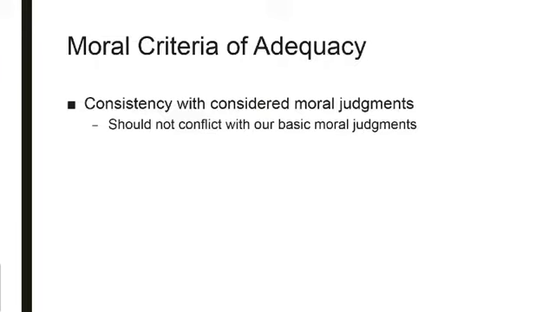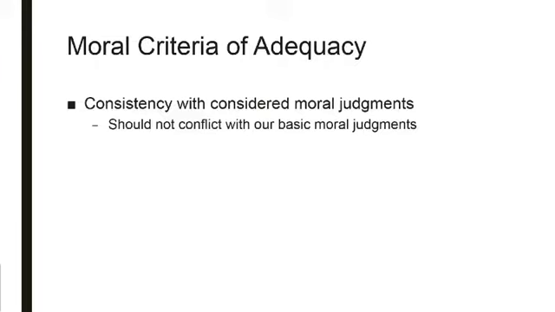This is not to say that if a theory is inconsistent with our basic moral judgments, we automatically throw it out. Our considered moral judgments, with any luck, are moral judgments that we've spent time thinking about. We've spent time considering whether or not they are true. We've considered their value.